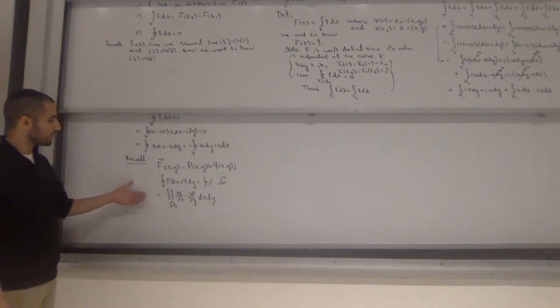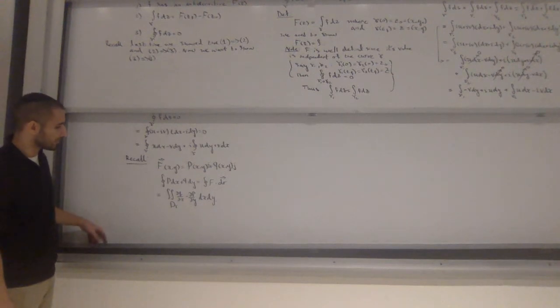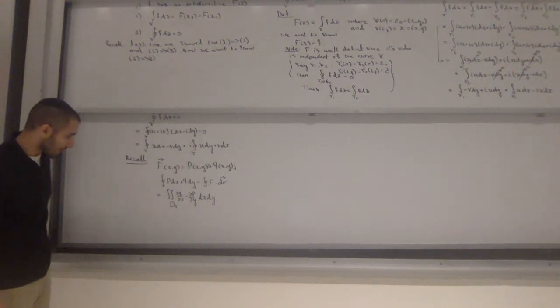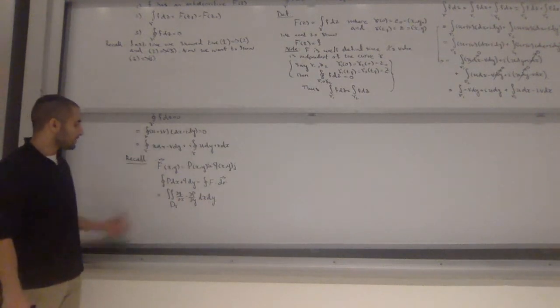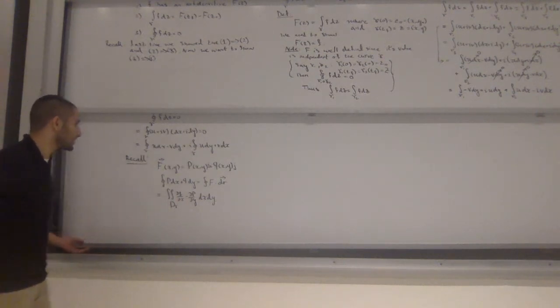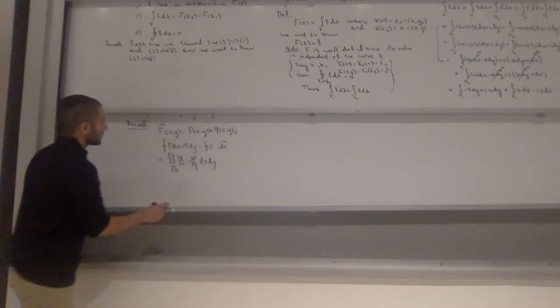But over here, we don't know that this is a result of a scalar field, and so we have to make a separate argument. We can apply Green's theorem, but we don't know for sure that it's 0. So let's apply it.